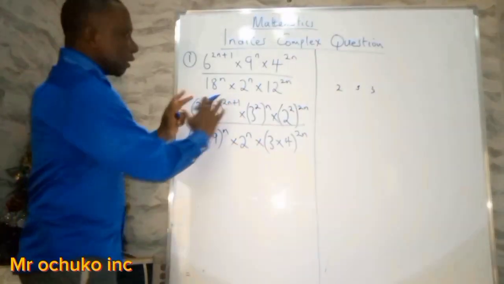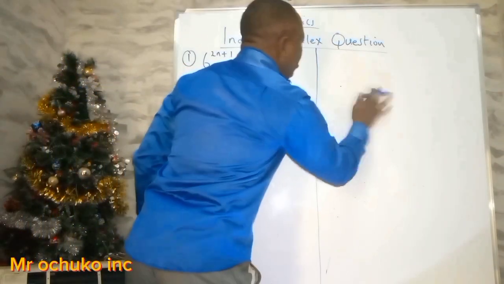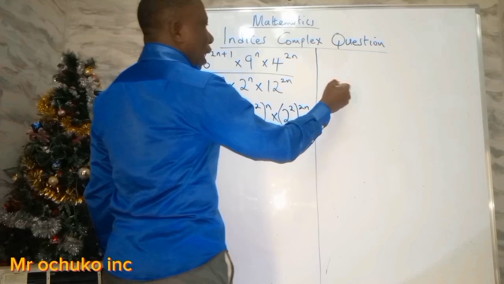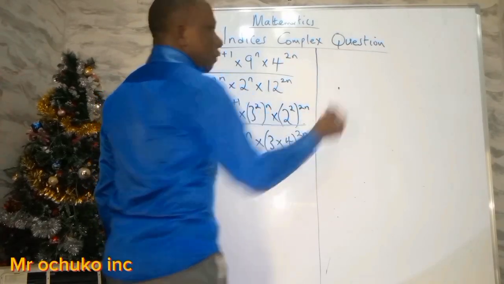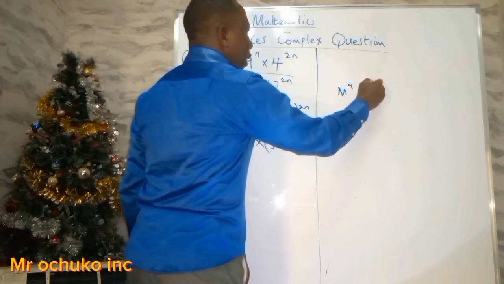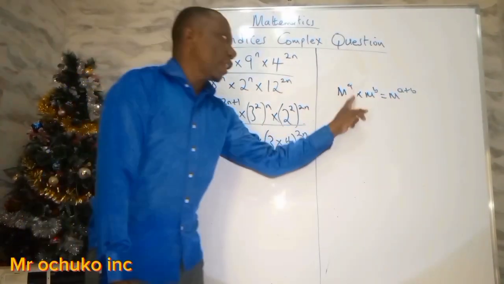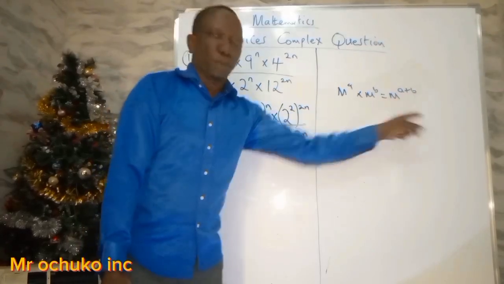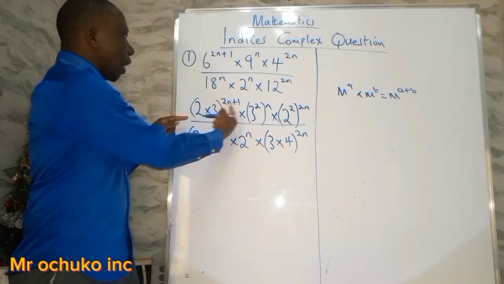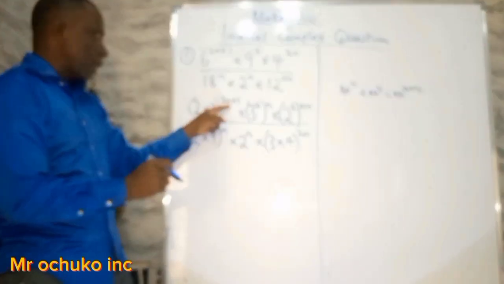So now let's solve the numerator. Look at the numerator. I can use the law of indices. We know that from the law of indices, when we have m raised to power a times m raised to power b, it becomes m raised to power a plus b. Please look at it. Now observe this. I can spread this power. Let me first of all spread the power.